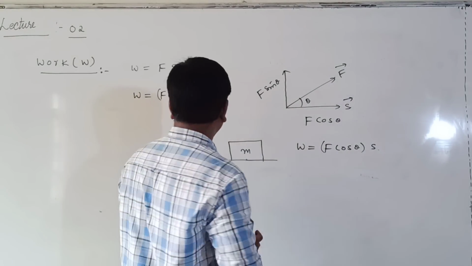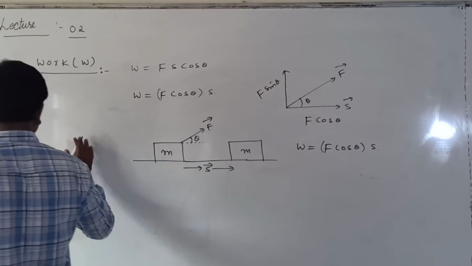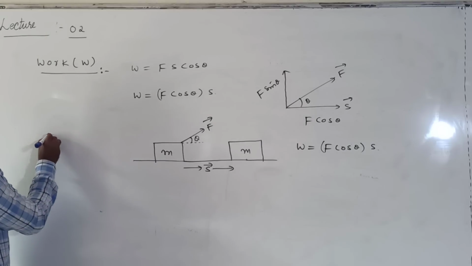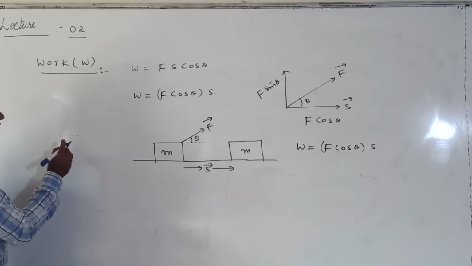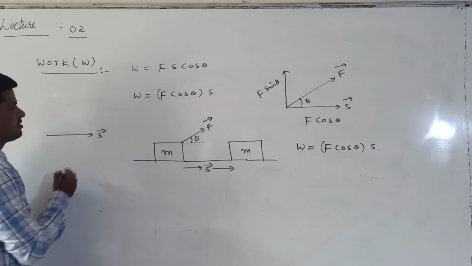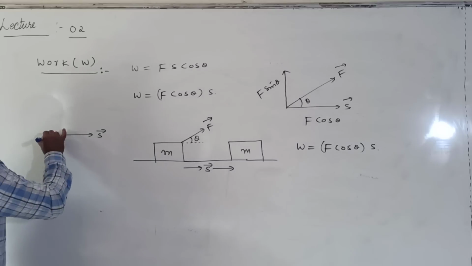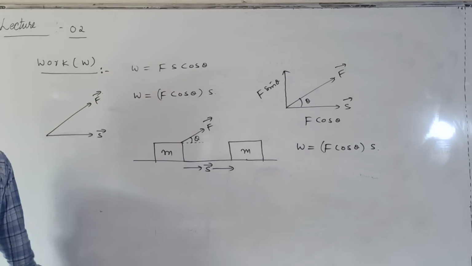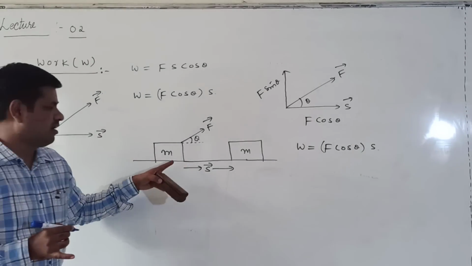Next, the third way. Listen. Here this is S bar. I am applying the force in this direction. Right, clear? We know that already. This is S bar, in the horizontal direction.